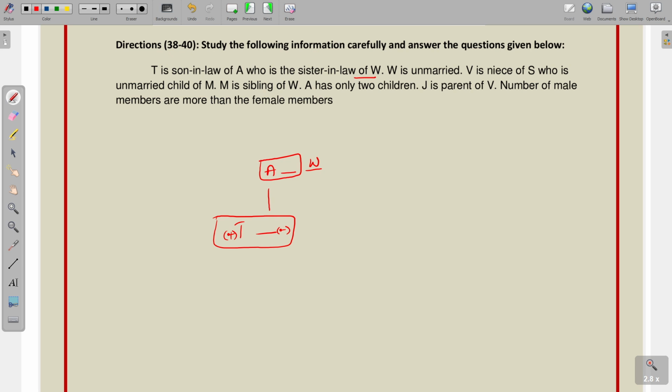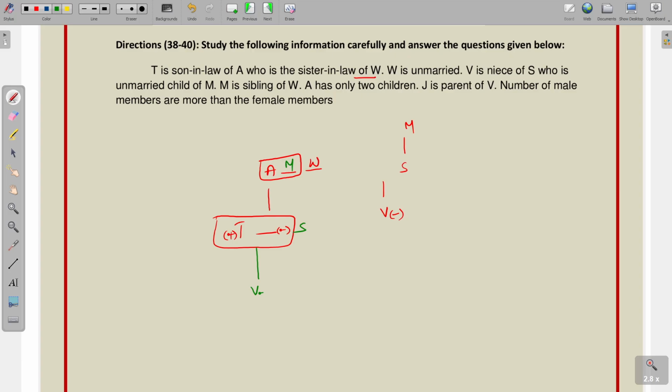And next, V is niece of S, who is unmarried child of M. So V is the niece of S, and S is unmarried child of M. Okay, so see next, M is sibling of W. So M is the sibling of W. If M is placing here, and S is coming here, so V is the niece of S, in the sense S's sister is married to T, and V is the daughter of this person. And A has only 2 children, that is S and this person.